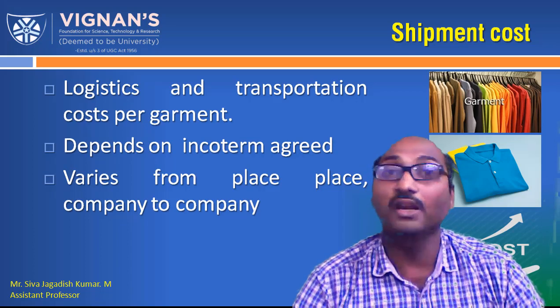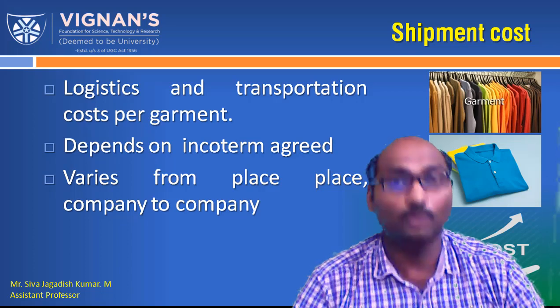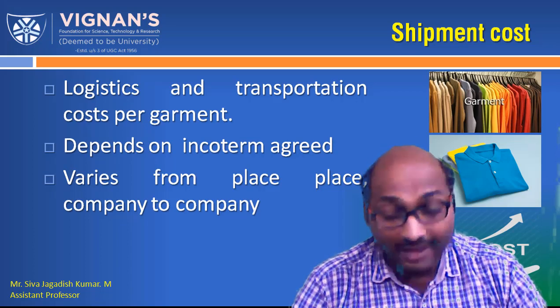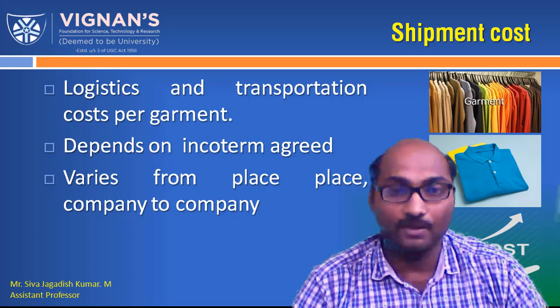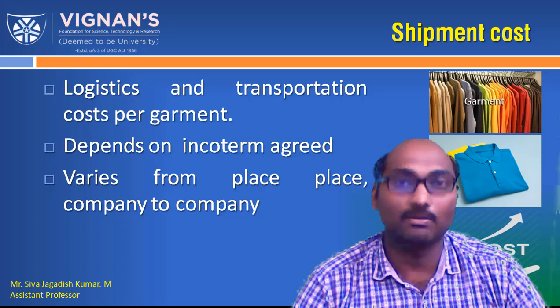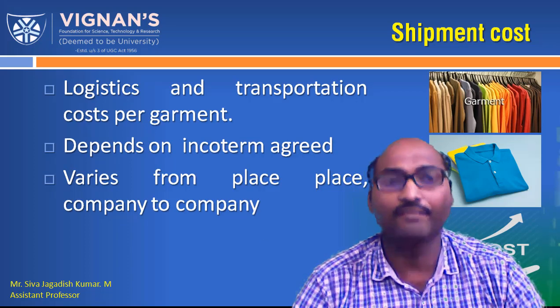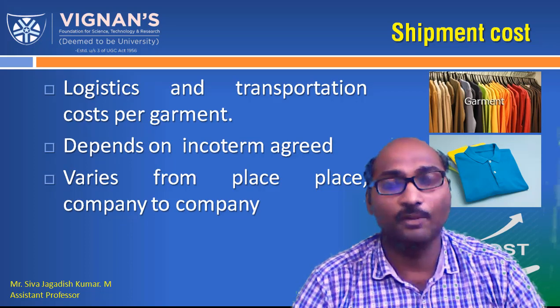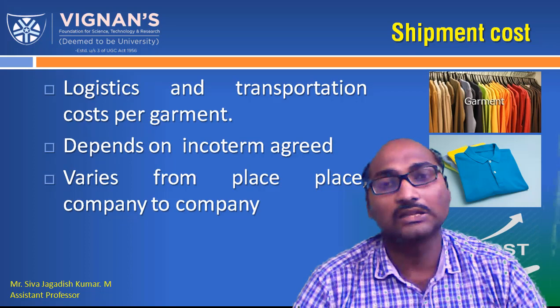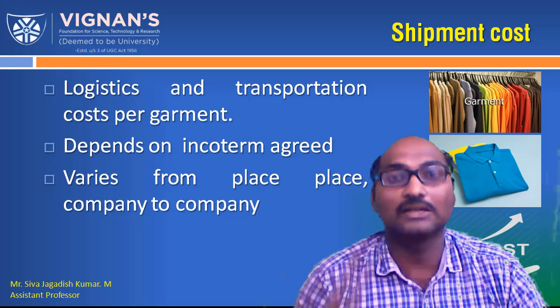So it mainly depends upon what type of Incoterm we are agreeing. Again, the shipping cost will vary from place to place, company to company, geographical location and local bodies, depending upon the understanding between the manufacturer and supplier.